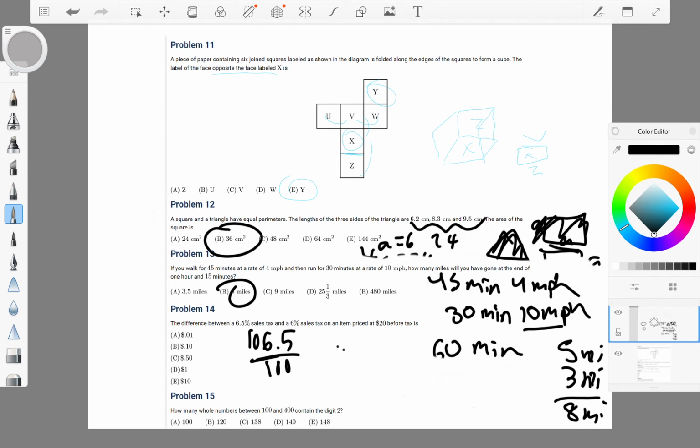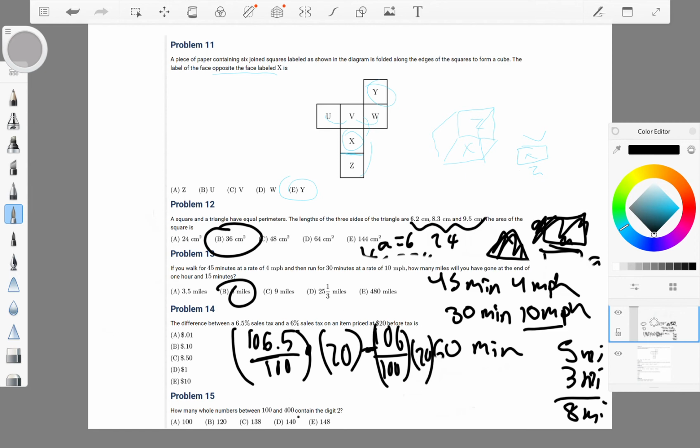And I'm not gonna solve it, that's gonna be boring. And that times $20, and then that minus the 6%, so that's 106 over 100, yeah, sorry guys, times 20.